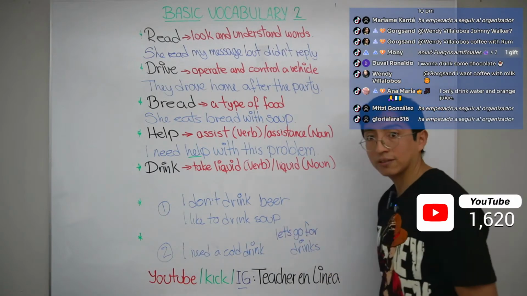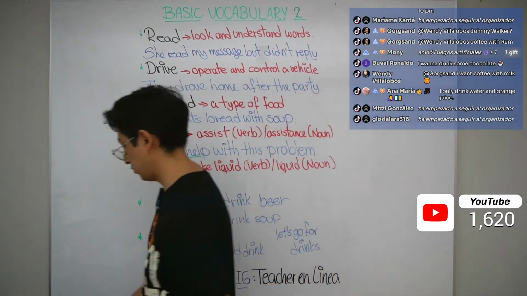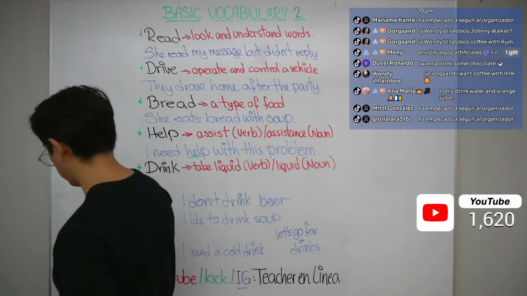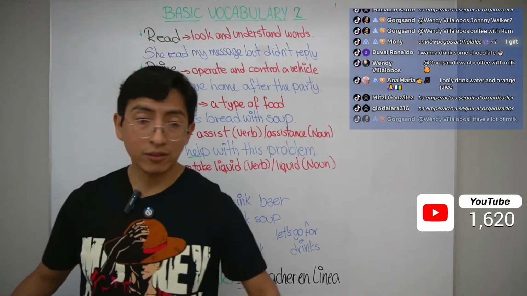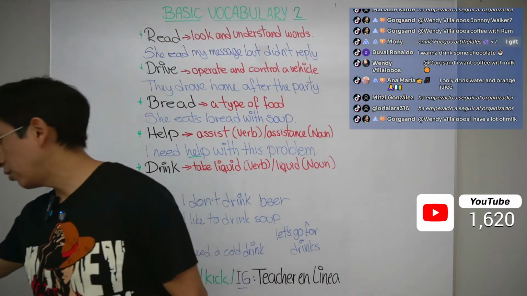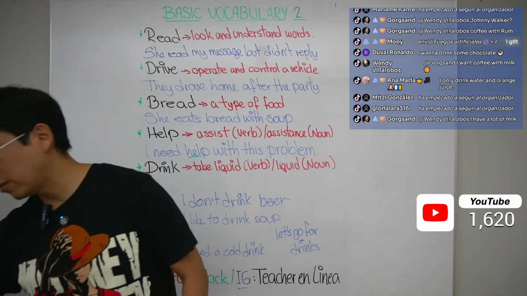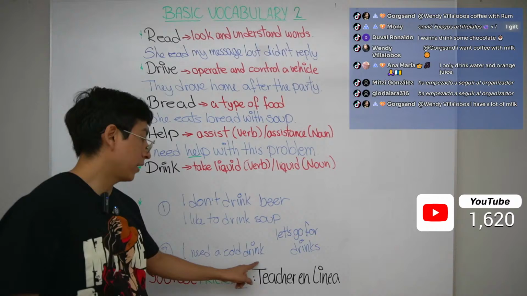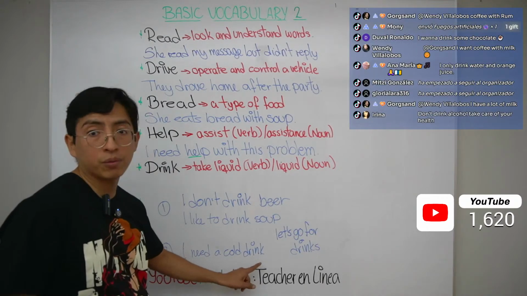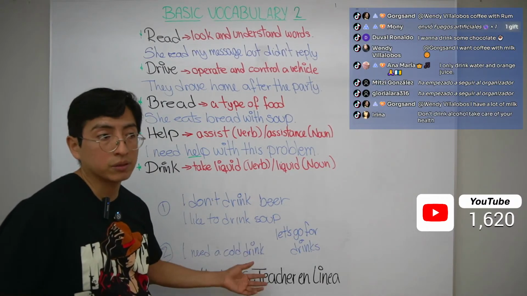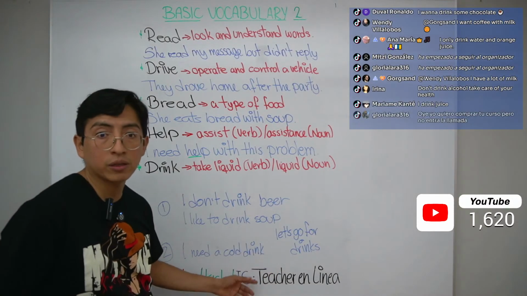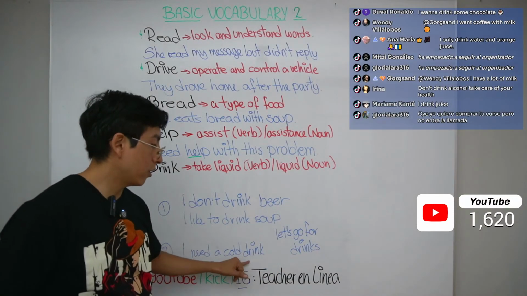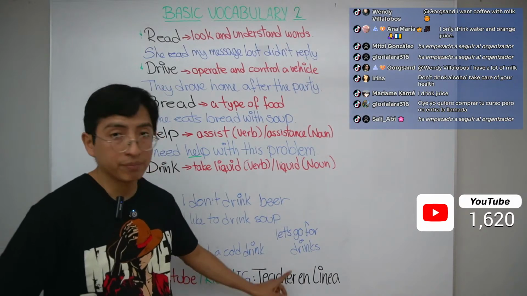Vamos por unas bebidas. O vamos a beber algo, ¿no? Esto sí implica alcohol. Pero no necesariamente drinks, como aquí significa alcohol, ¿no? Ok, necesito una bebida helada, puede ser café helado, puede ser gaseosa, puede ser agua helada, ¿ok? Tengan cuidado con drink aquí. Ok, very good.